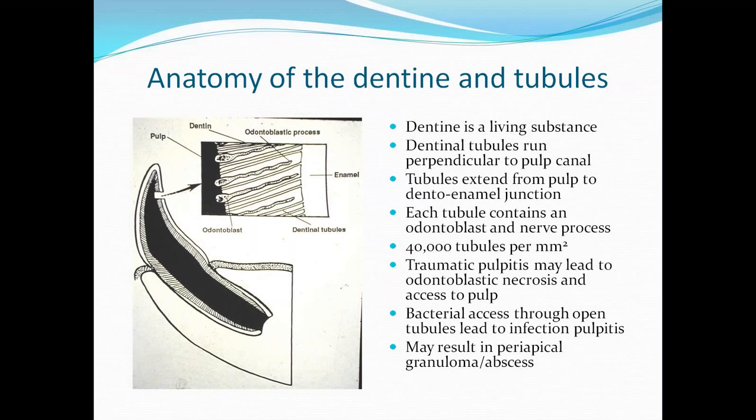So any loss of enamel which exposes the dentinal tubules significantly increases the chances of bacteria accessing the pulp through these tubules. And obviously then you end up with pulpitis, infection within the pulp canal, and then a high chance of periapical granuloma or an abscess as well.